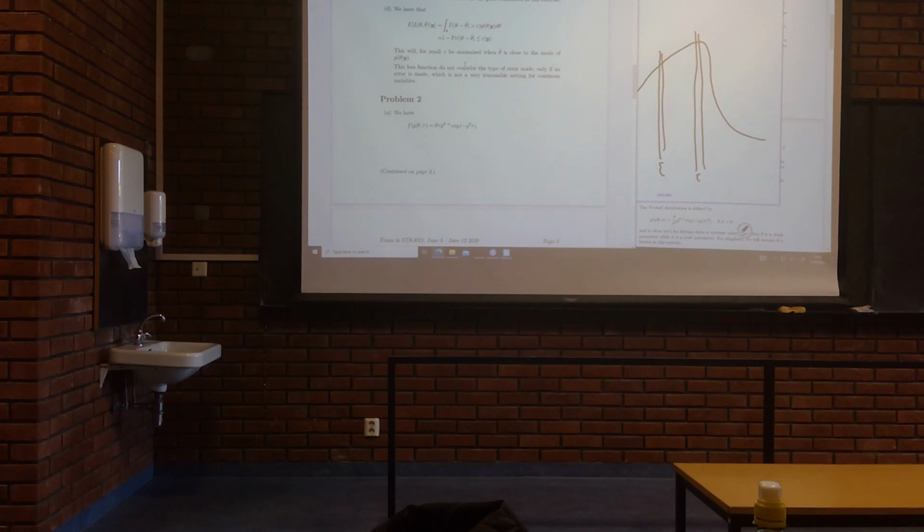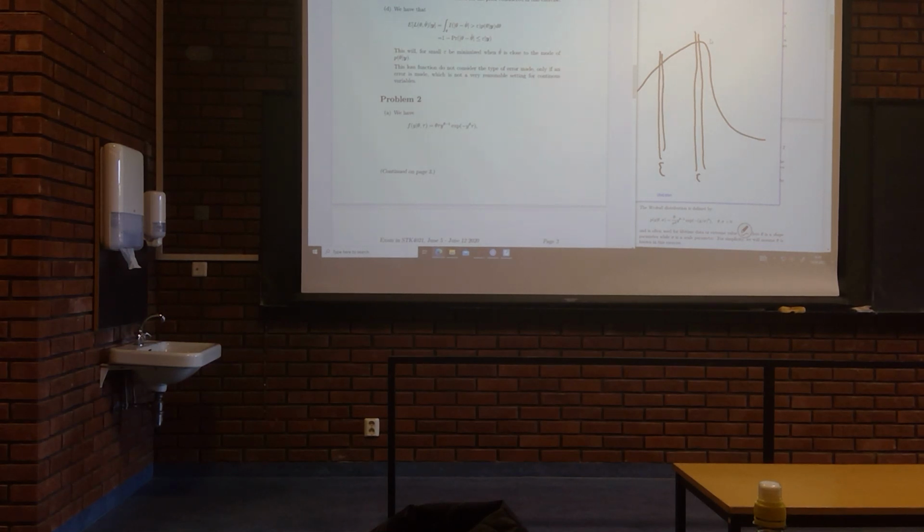And if we put epsilon smaller and smaller, we will get closer and closer to the actual mode. So this shows that this type of loss function, where we penalize all kinds of errors that we make, actually corresponds to choosing the mode in the posterior distribution.